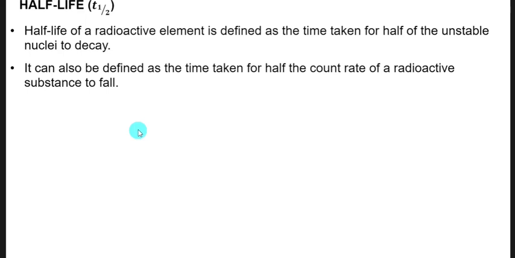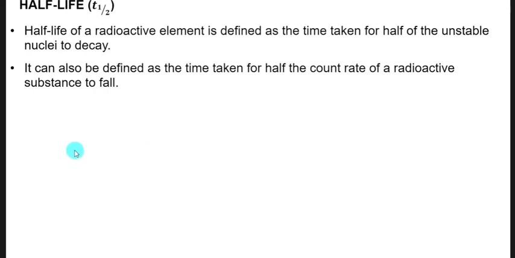This is why I said, let's say you found a radioactive substance decaying at a rate of 20 counts per minute. Then after some time, you measure its decay rate and find that it is 10 counts per minute. Then the time that has passed to move from 20 counts per minute to 10 counts per minute is what we call half-life.